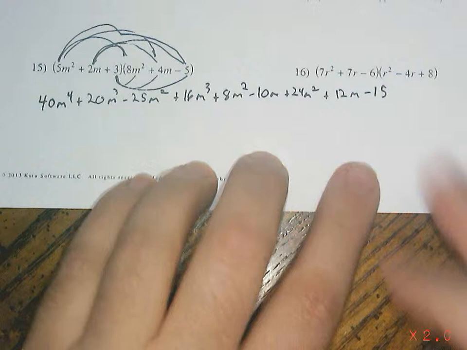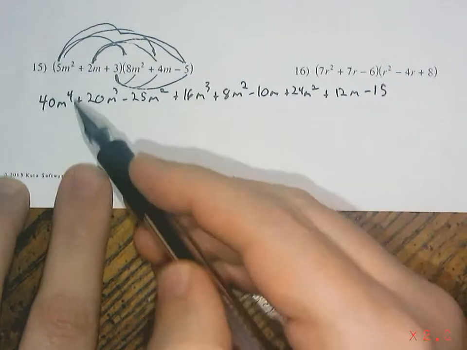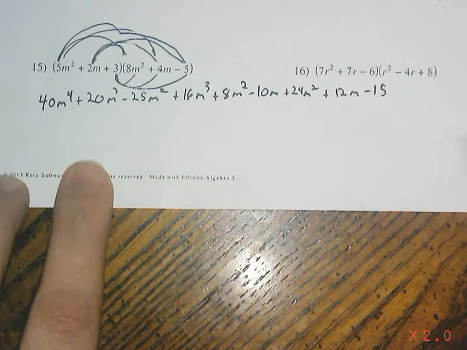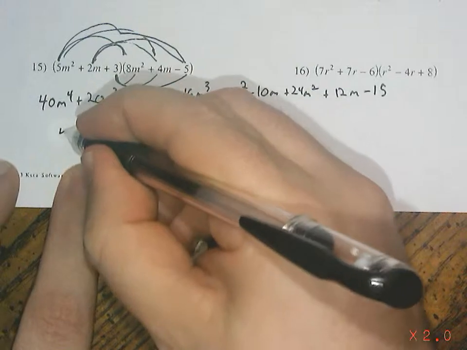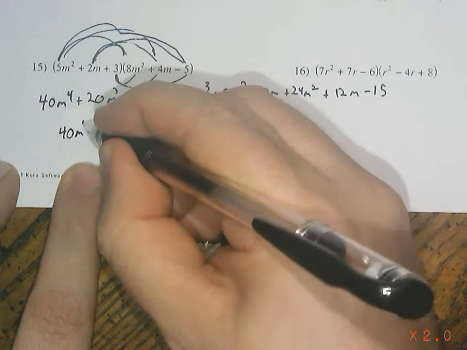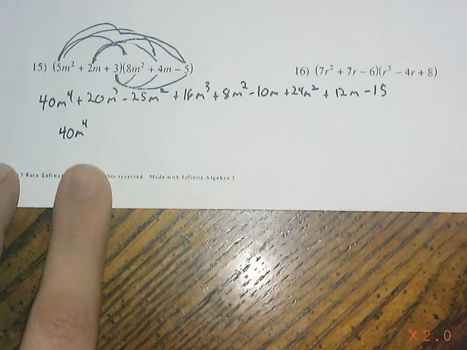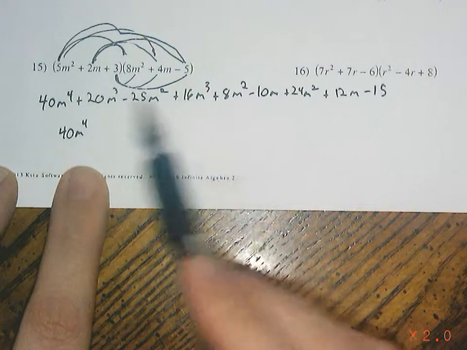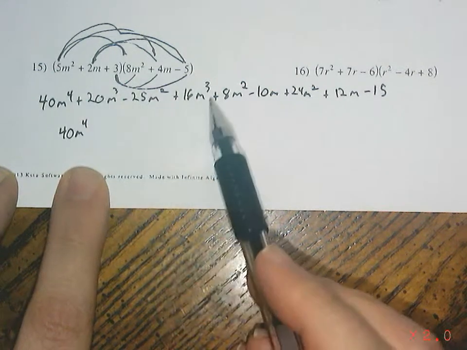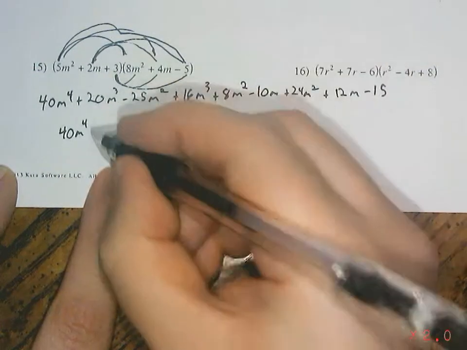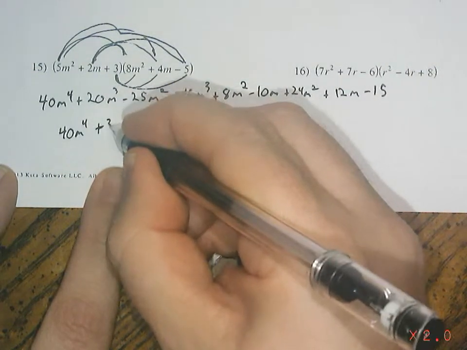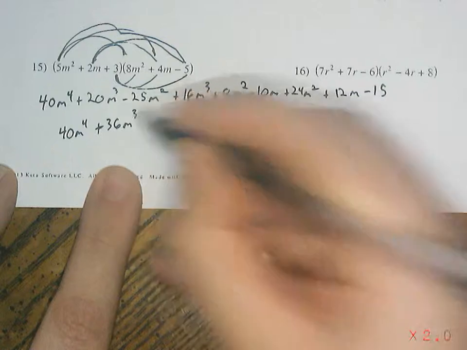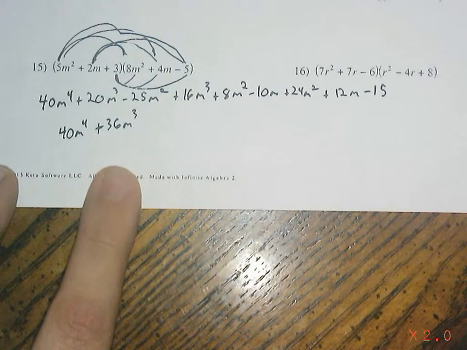Let's simplify it. So do I see any m's to the 4th power? Just the 1, right? Perfect. It stays in front. Okay, now I'm looking for cubes. I've got 1, 2. So 20m and 16m, they're both positive. Combine them, you would get 36. So plus 36m cubed. Okay, now I'm looking for squares.